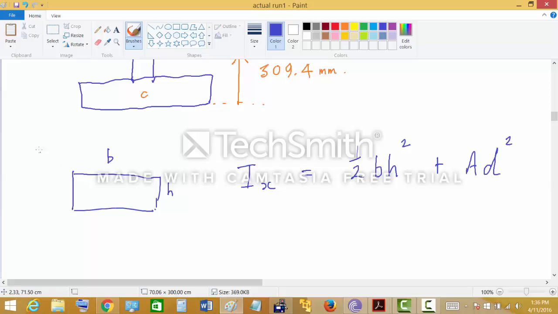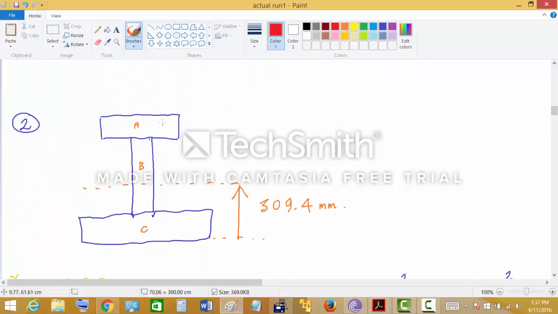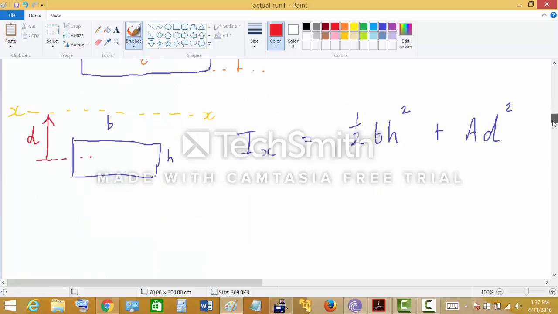Alright, so for example, this is the centroidal axis here. The distance it is away from the centroidal axis is this distance here, D. Okay, so we just have to calculate the second moment of area in each individual rectangle and add them together.